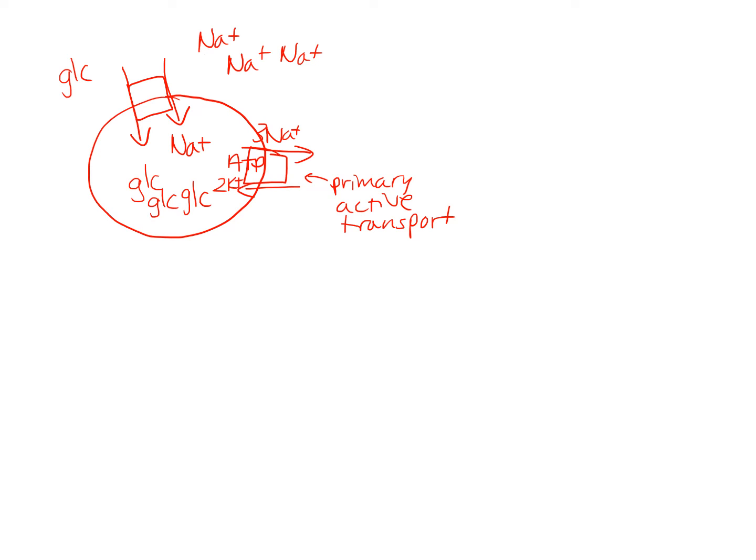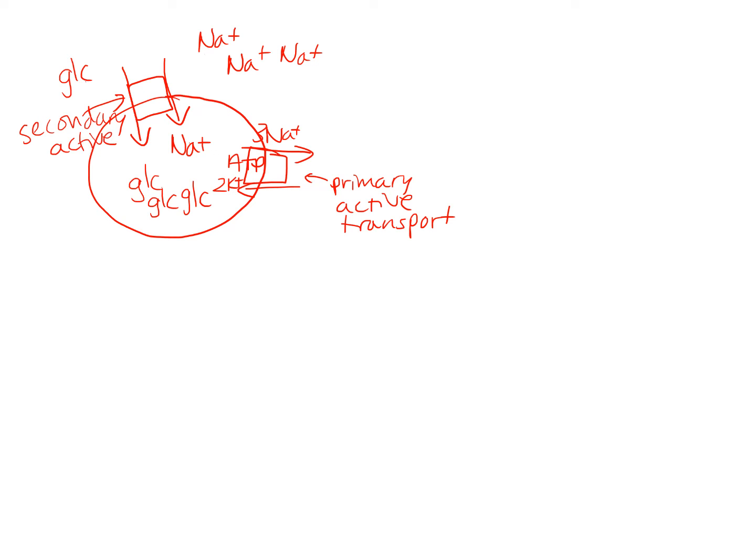And then glucose is going up its gradient. It's going from low to high concentration. So we know this is secondary active transport because we've got one molecule, sodium, going downhill and the other molecule, glucose, going up the gradient.